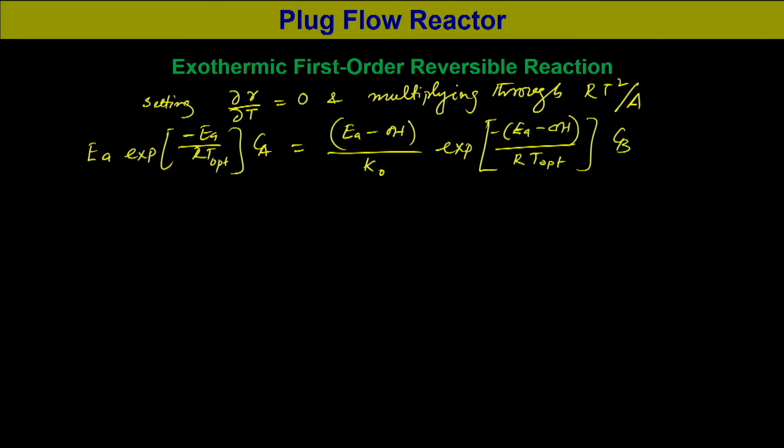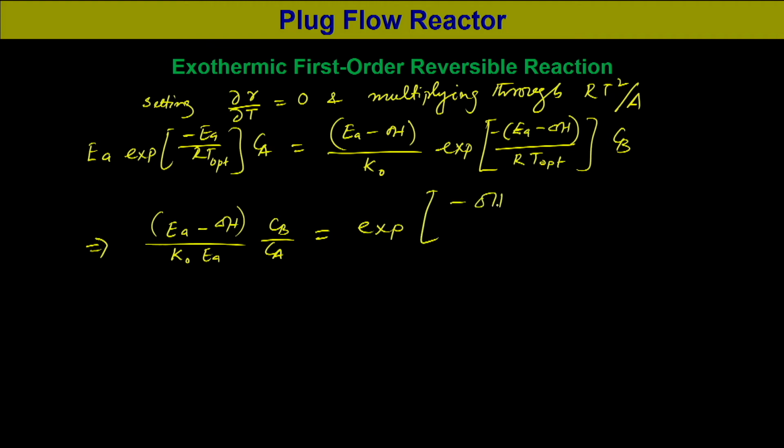Now, if we rearrange this, we can write (EA minus delta H) by K0 EA, CB by CA would be equal to exponential minus delta H by RT optimum.